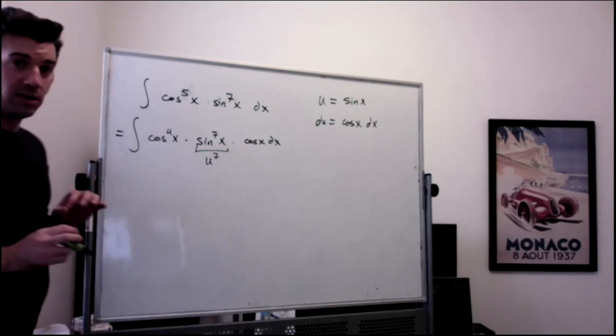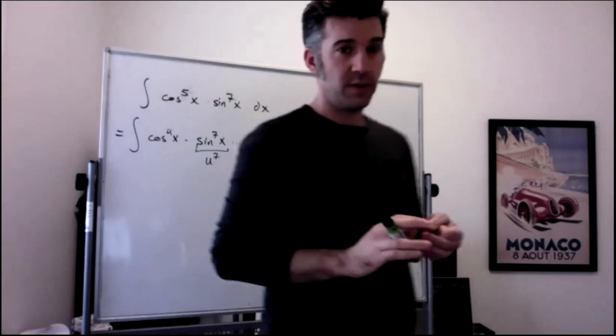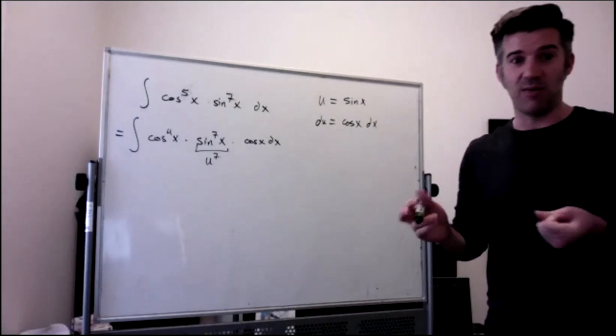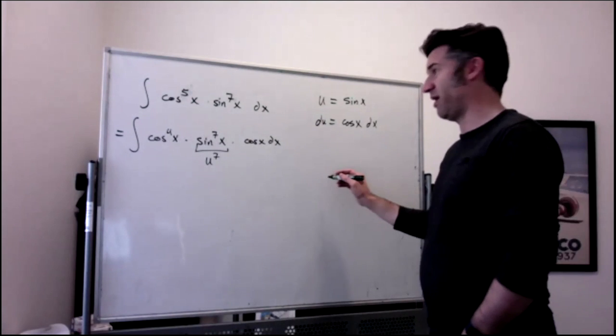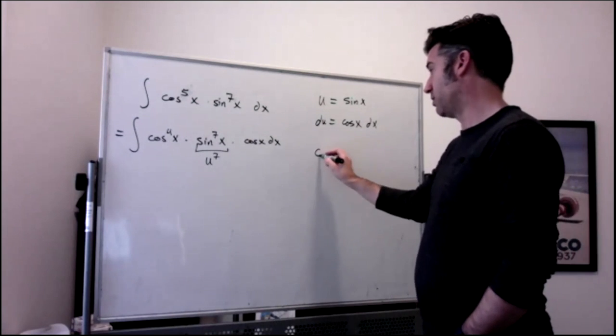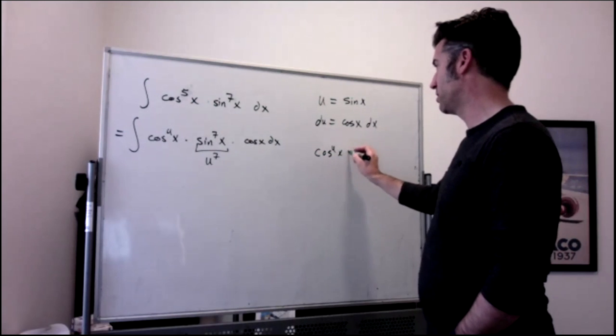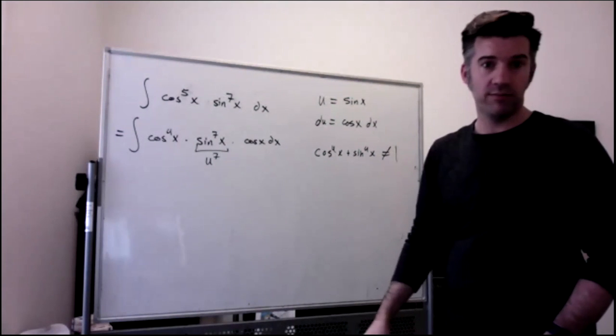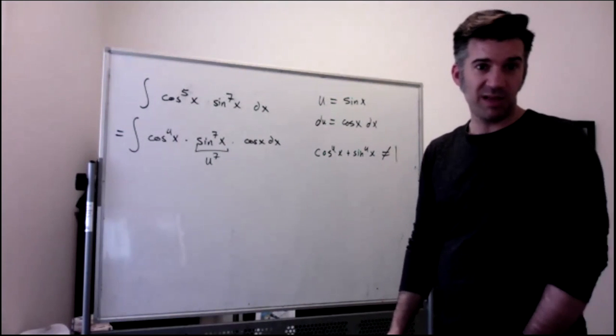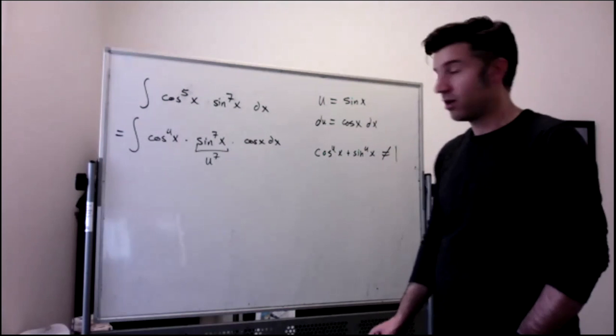I really want to stress: cosine to the fourth x is not 1 minus sine to the fourth x. Instead, we have to work a little harder. Cosine to the fourth x plus sine to the fourth x is not 1. Not generally. Sometimes maybe, but not always.